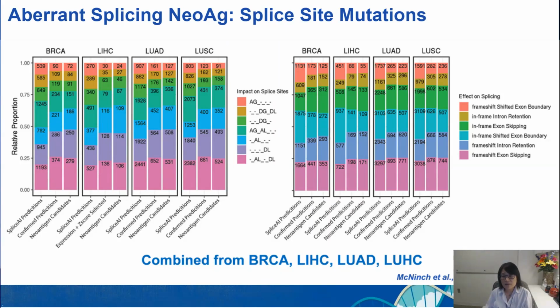The confirmed predictions by both expression and z-score, and the number of neoantigen candidates in TCGA breast, liver, lung, adrenal, and squamous cell carcinoma. To the right are the counts of different types of splicing events, such as in-frame or frame-shifting exon skipping. I'll let you stare at it for a couple of seconds.